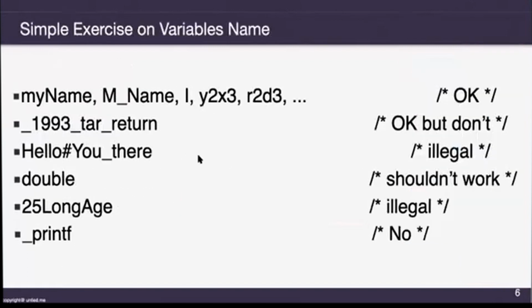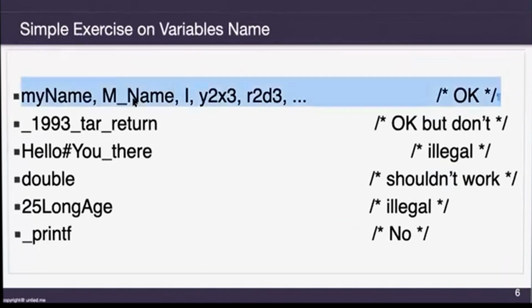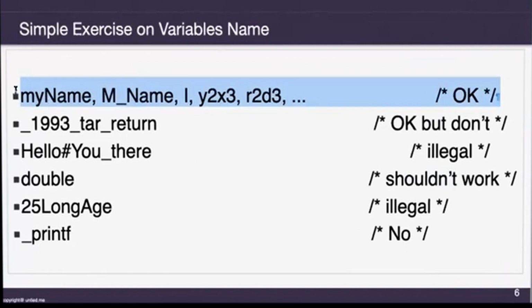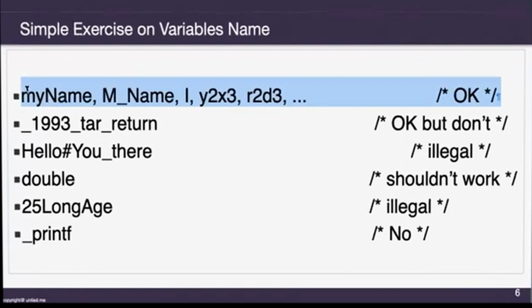So let's see some exercises here. If you write your variable name like this, then it is okay. Because what is our rule? That your variable can start with an alphabet or an underscore. So it is starting with an alphabet and there is no problem.